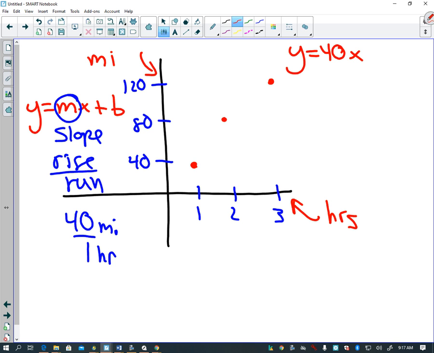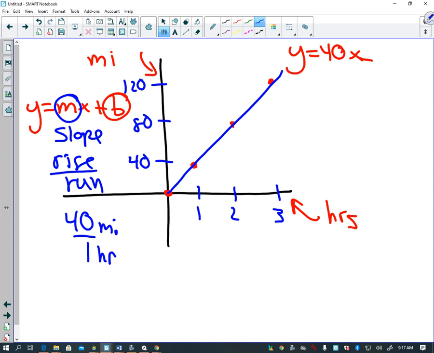Now, before they take off, before they have started driving, how many miles down the road are they? 0. So notice that the y-intercept here is 0, because there's no y-intercept listed. There's nothing there.